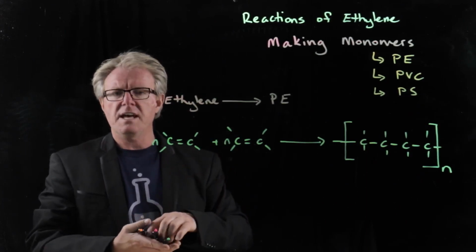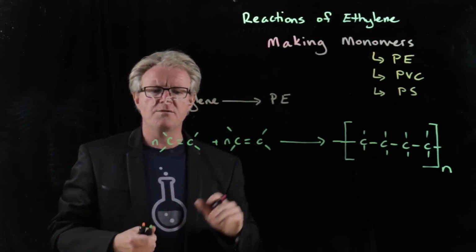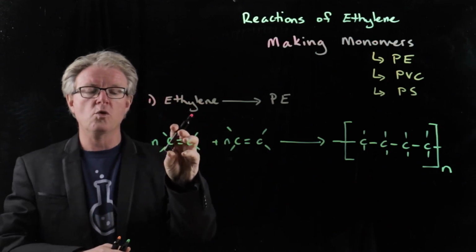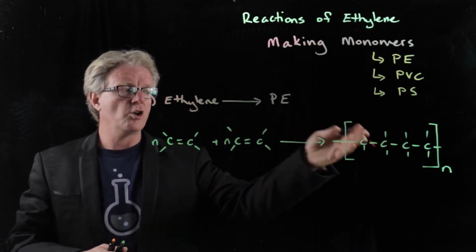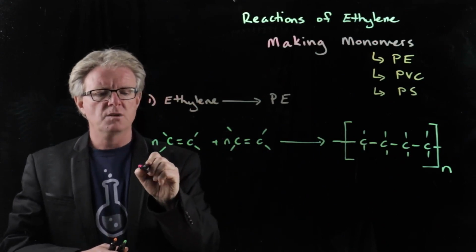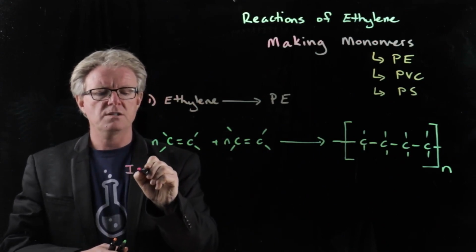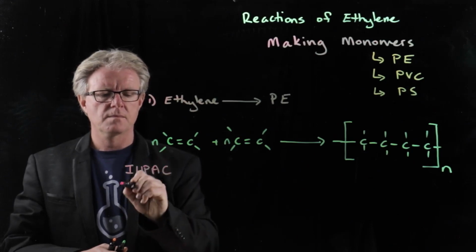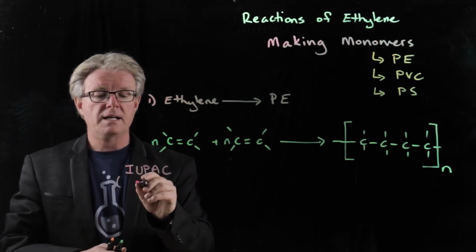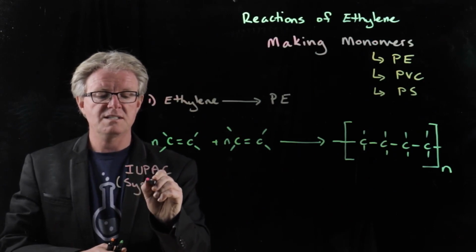Okay, so let's look at the names, because the naming is very important. You have to be able to draw the monomer, be able to name it, and then know what polymer it forms. So when we go to name it, there are two different ways we do it. There's the IUPAC name, otherwise known as the systematic name.